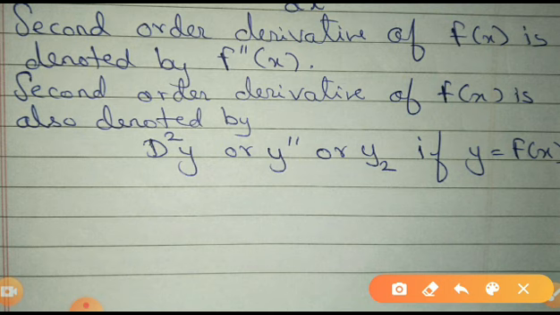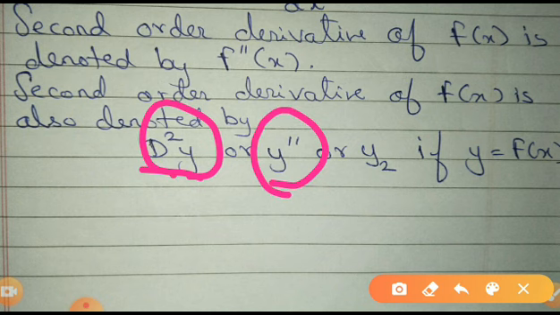Again, the second order derivative can be represented by d2y, d square y or y double dash. That 2 dash we call y double dash. Or y2, that 2 is a suffix. Clear? If y is your f of x, I can write the second order derivative as d square y or y double dash or y2.